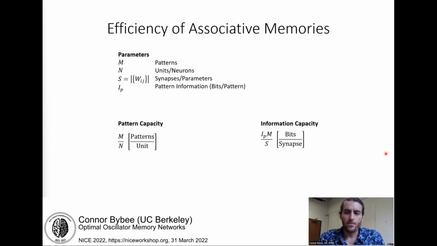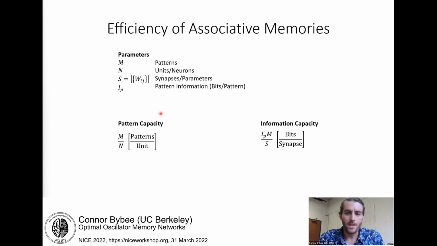These parameters determine the resource requirements and capabilities of associative memories. For example, the number of neurons determines the size of the network. The number of synapses and connectivity determines the memory requirements, as well as the connectivity and communication. And the information per pattern and the number of patterns directly affect the functional capabilities of an associative memory.